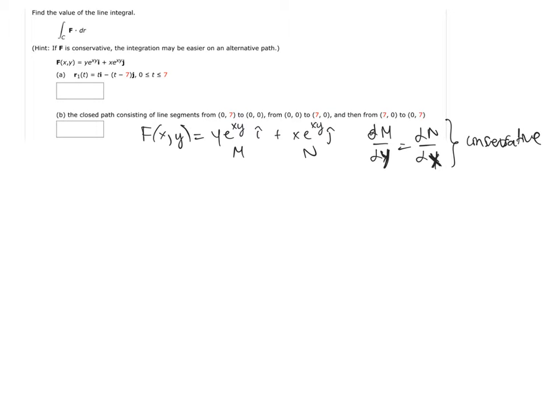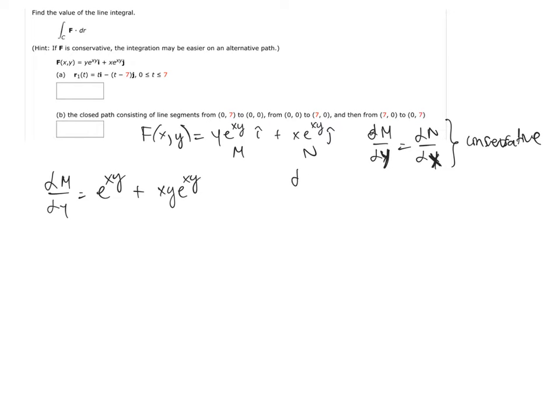Okay, so now I'm gonna take partial of M with respect to y. With respect to y will be e^(xy) plus xy e^(xy).